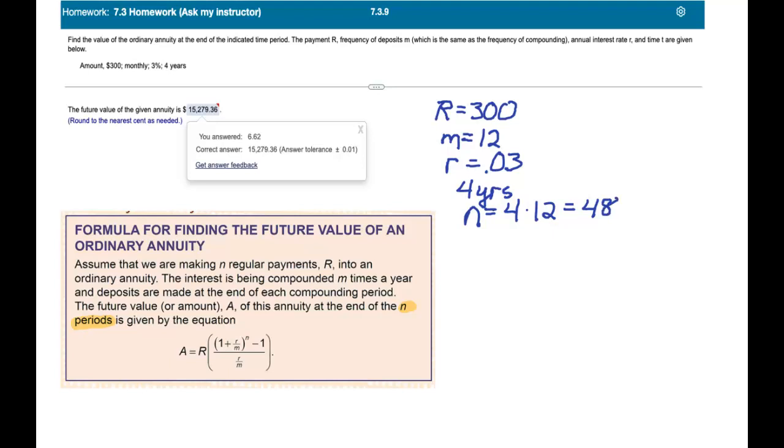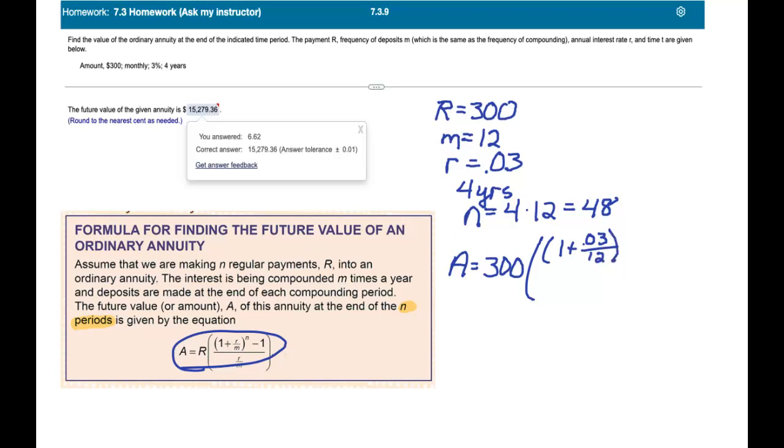Okay, so we're going to make some replacements into this formula down here. So we've got A, that's what we're looking for, equals 300. That's our value of R, our monthly deposit. And then in parentheses, we have 1 plus our rate, 0.03, over the number of times compounded, which in this case is 12, it's done monthly.